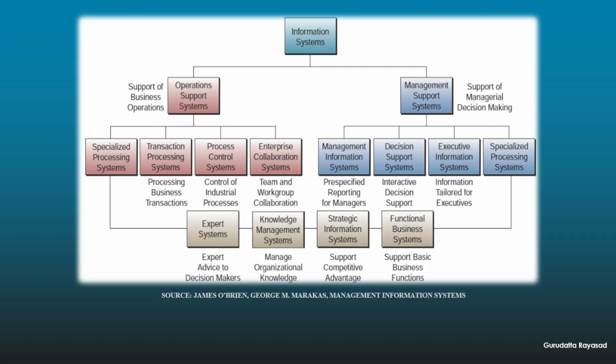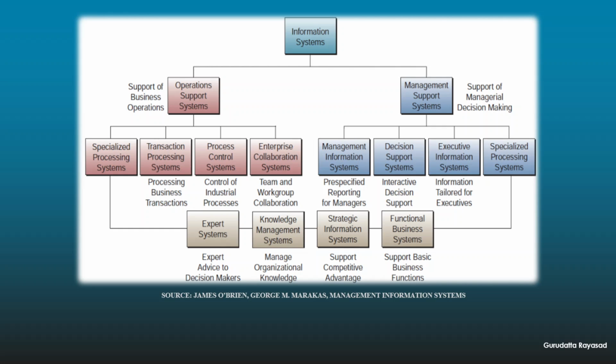information systems. Under operations support systems, we have TPS, that is transaction processing systems, PCS, process control systems, and enterprise collaboration systems. And under management support systems, we have MIS, DSS, and EIS, that is executive information systems. Both categories involve some special processing systems, depending upon the specific need.